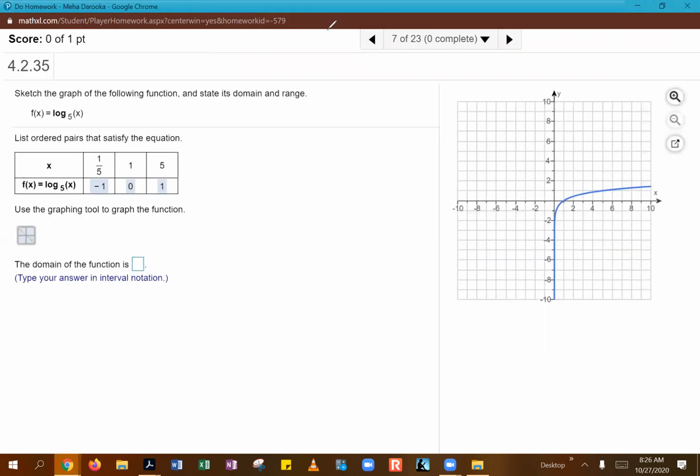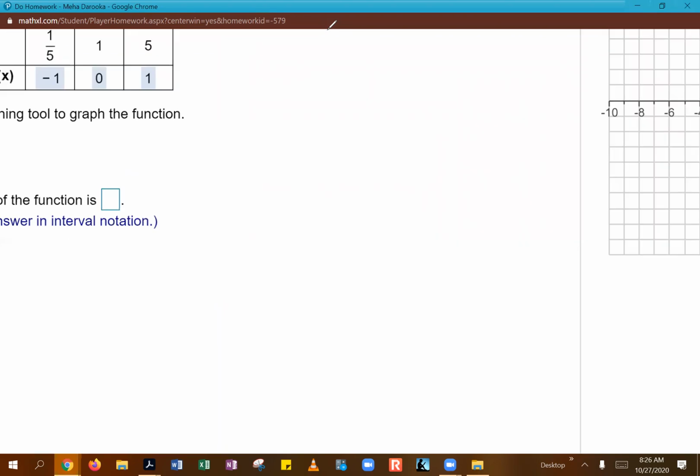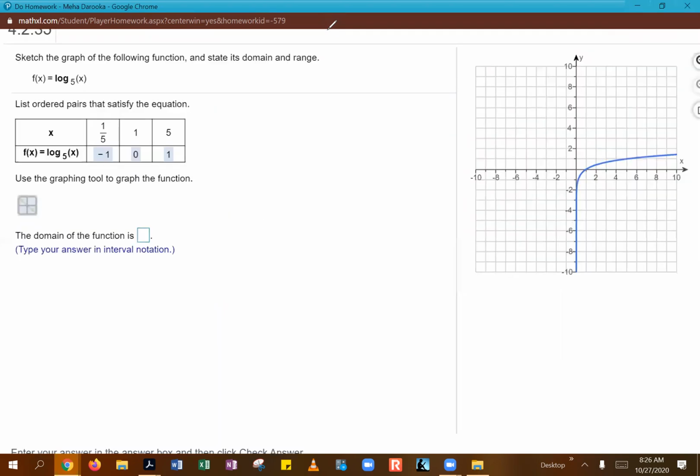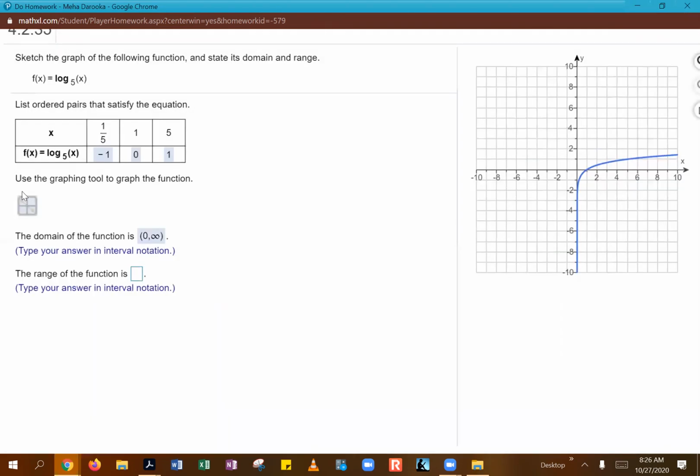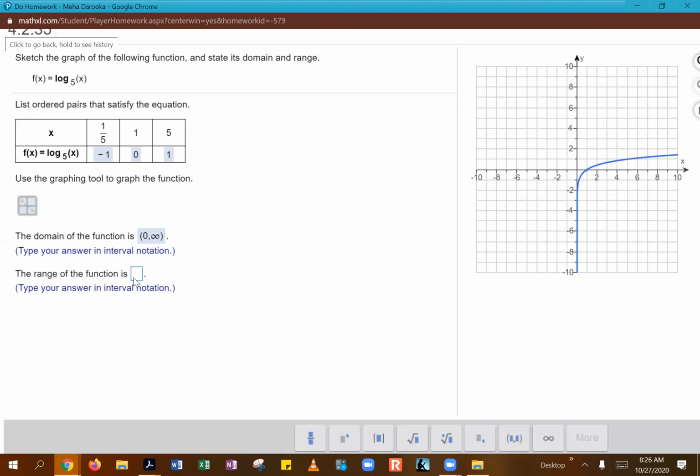So the last part here, they're just asking you to type in your domain and range. So remember, the domain goes from 0 to infinity, not including 0, because obviously we have that vertical asymptote. And then range goes from negative to positive infinity.